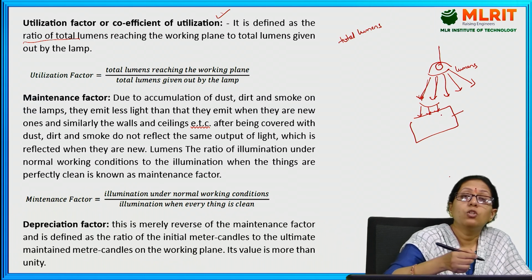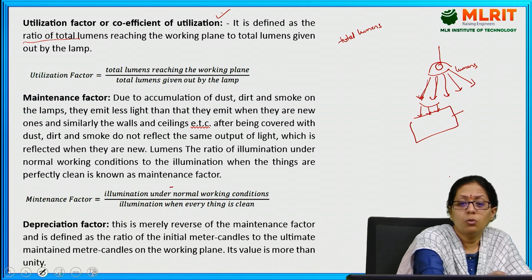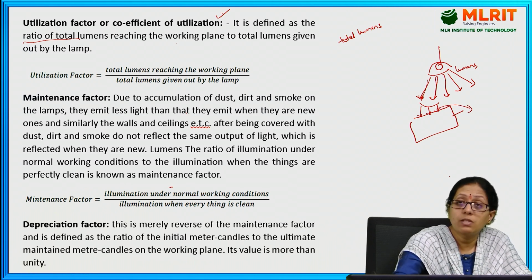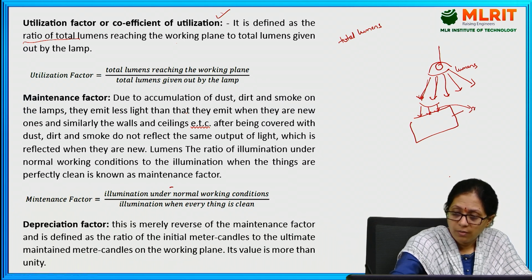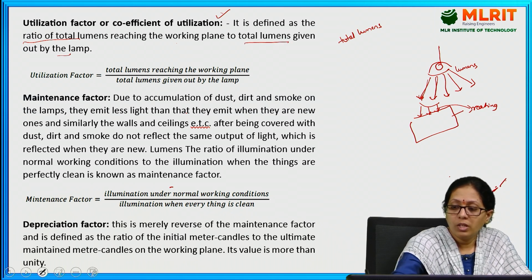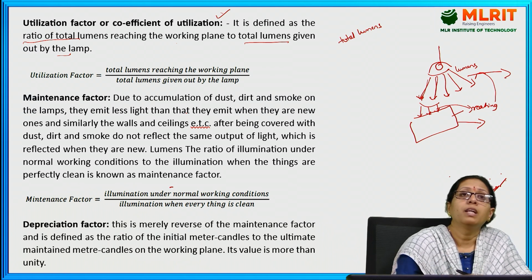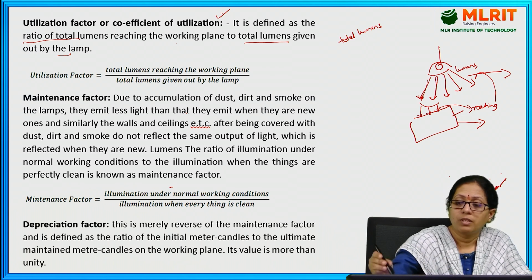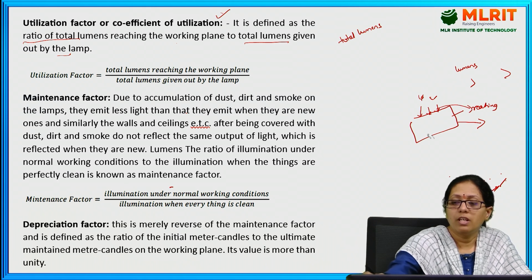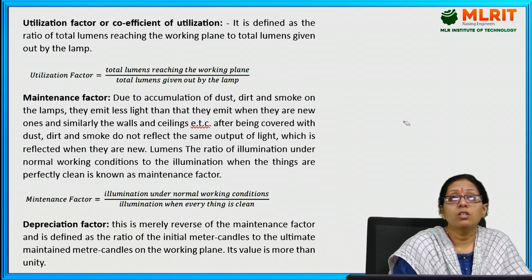So this utilization factor is the ratio of total lumens reaching the working plane to the total lumens given out by the lamp. The ratio of these two will give you the utilization factor.